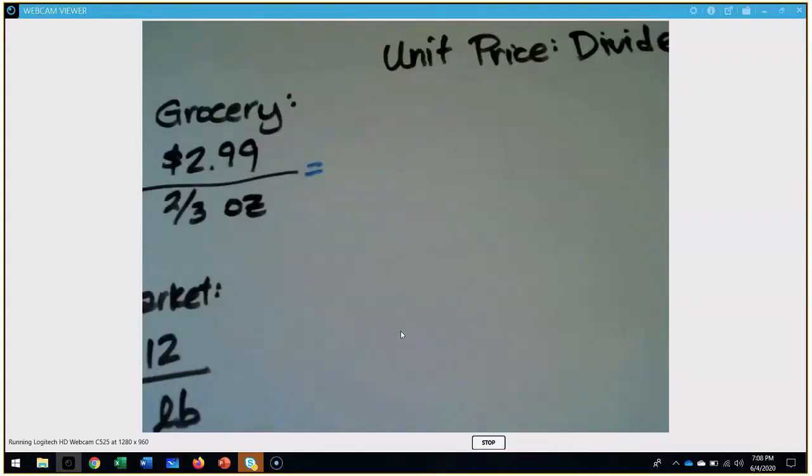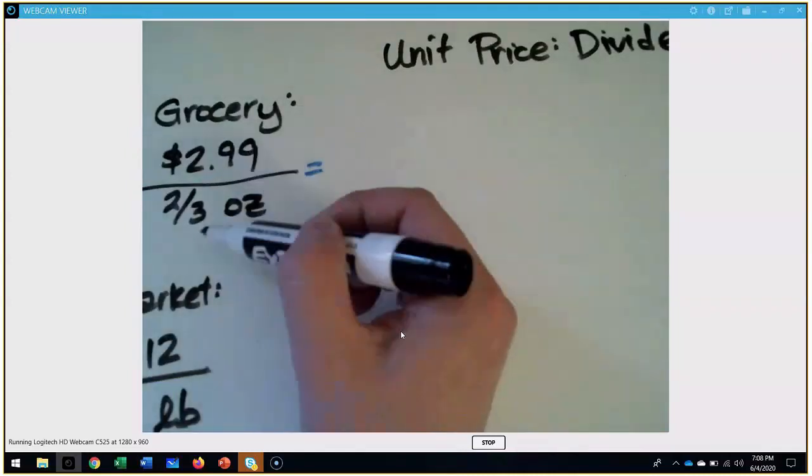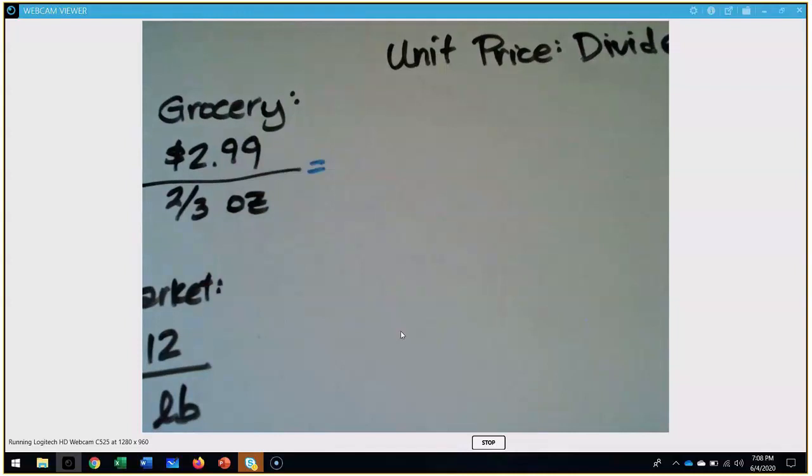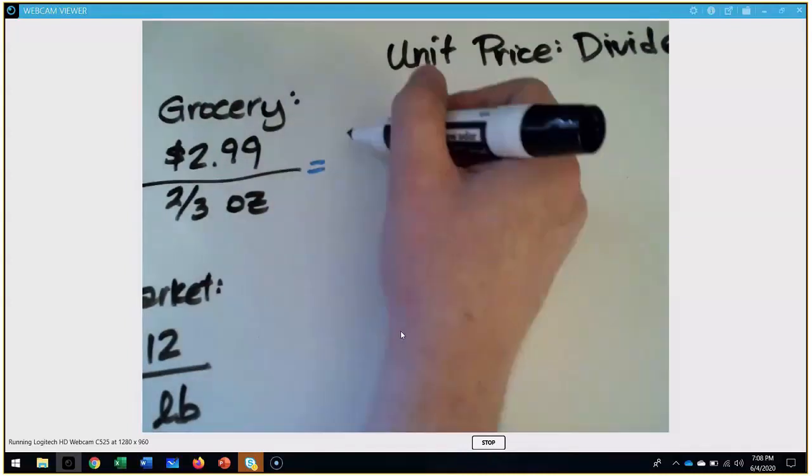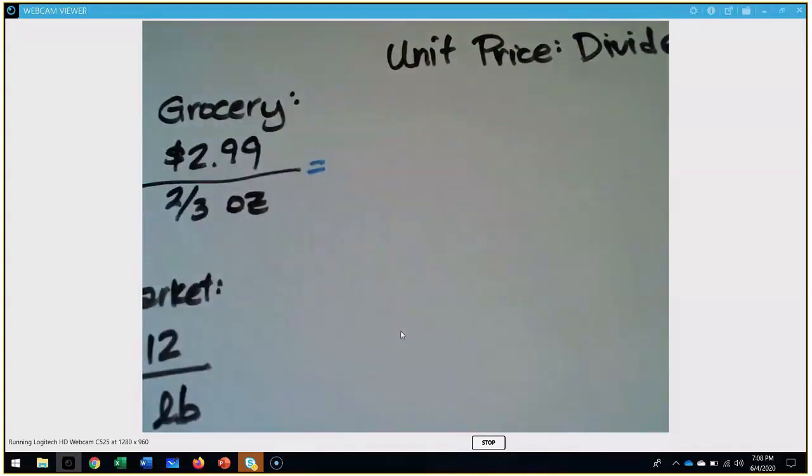So I'm going to divide my cost by my size. I'm going to plug it right into my calculator, and that'll tell me how much it'll cost for 1 ounce then. It's a lot easier to work with than 2/3.